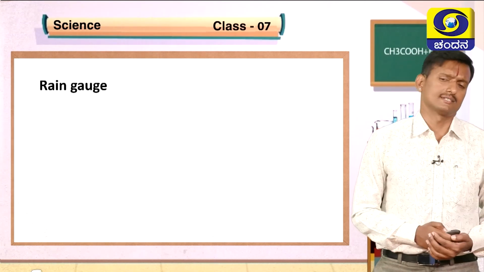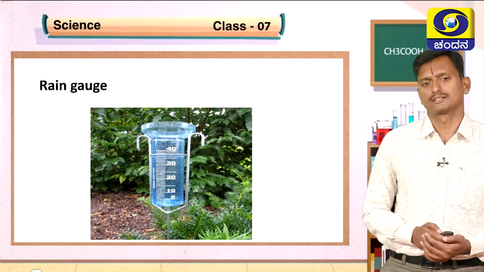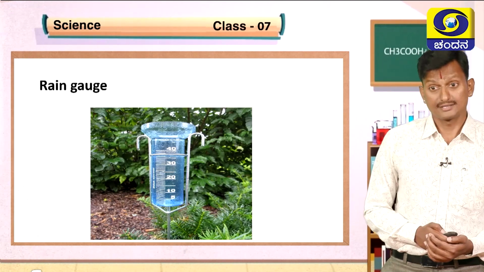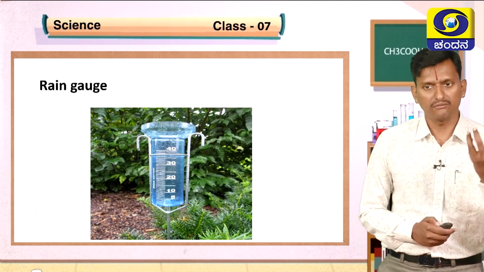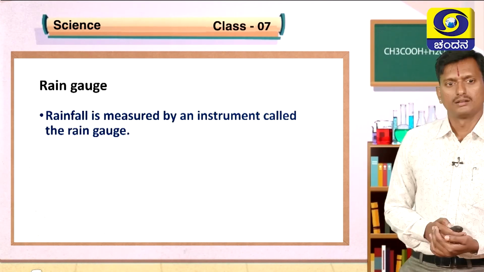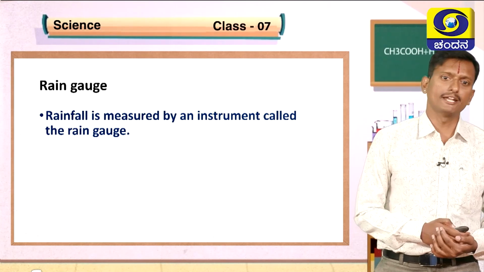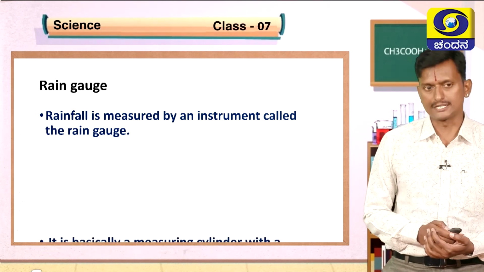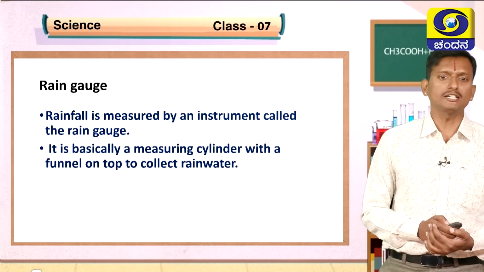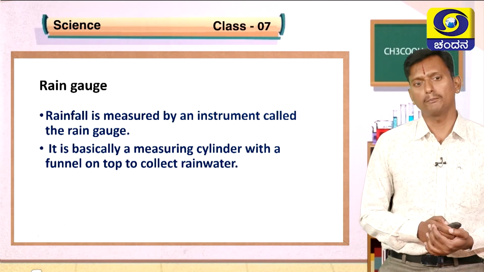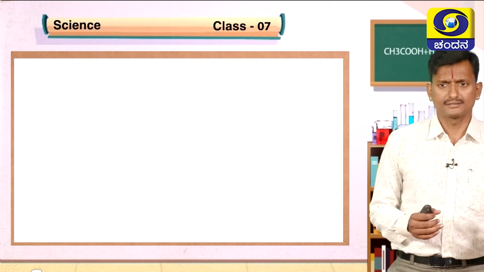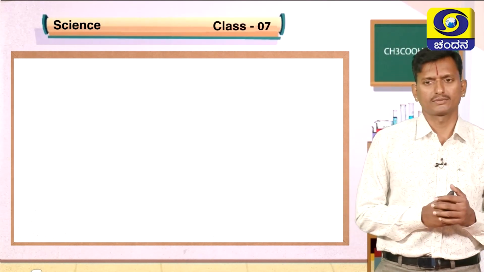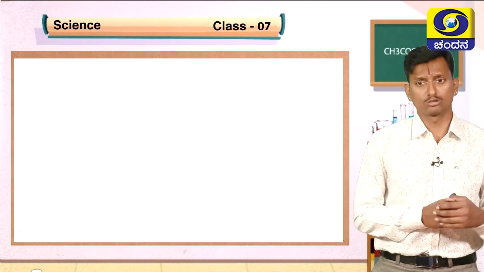Rain gauge. What is a rain gauge? This is the instrument used to measure the amount of rain in a day. So rainfall is measured by an instrument called the rain gauge. It is basically a measuring cylinder with a funnel on the top to collect rainwater. Students, can you prepare a rain gauge now? A simple method. It is low cost, no cost.